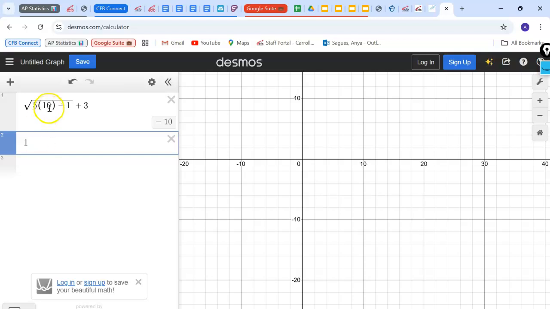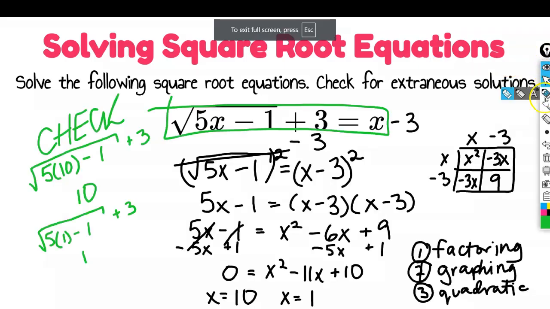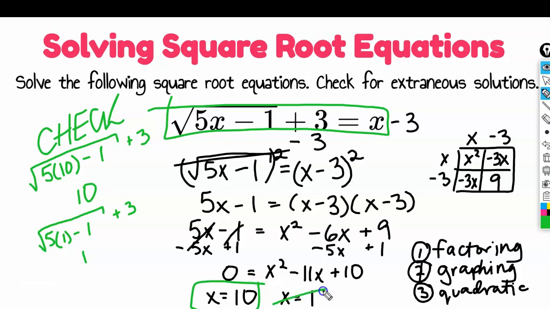Hooray. Now if I change that to a 1, is 5 equal to 1? No. So my valid solution is simply x equals 10. This, x equals 1, would be extraneous because it didn't even work out. Okay? So that is how you would have to do this type of problem.